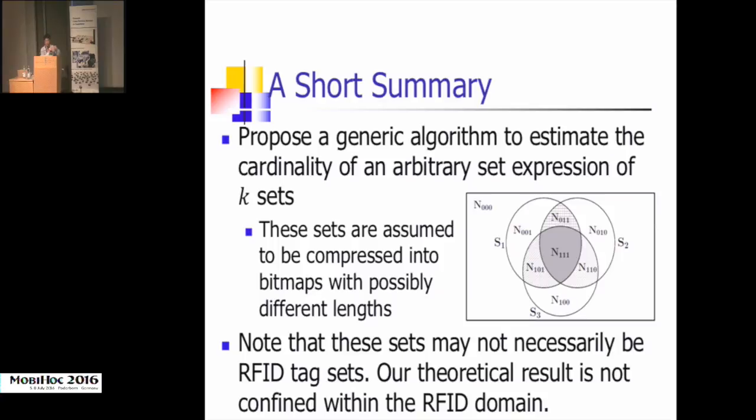We just assume these tag sets have been compressed into bitmaps with possibly different lengths. In the RFID domain, it's quite easy to implement this assumption, and we will show that it's also efficient to do so using some kind of frame adaptation scheme.